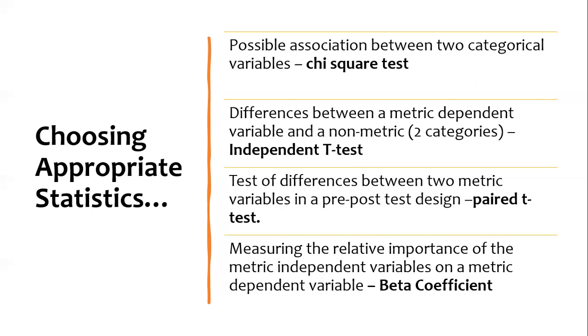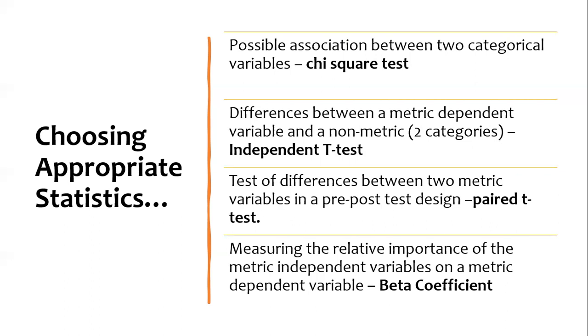So I can compare the difference in your performances from pre to post by using a paired t-test. That paired t-test will help me see if there's a significant difference in your knowledge at the beginning of this lecture and at the end of this lecture.